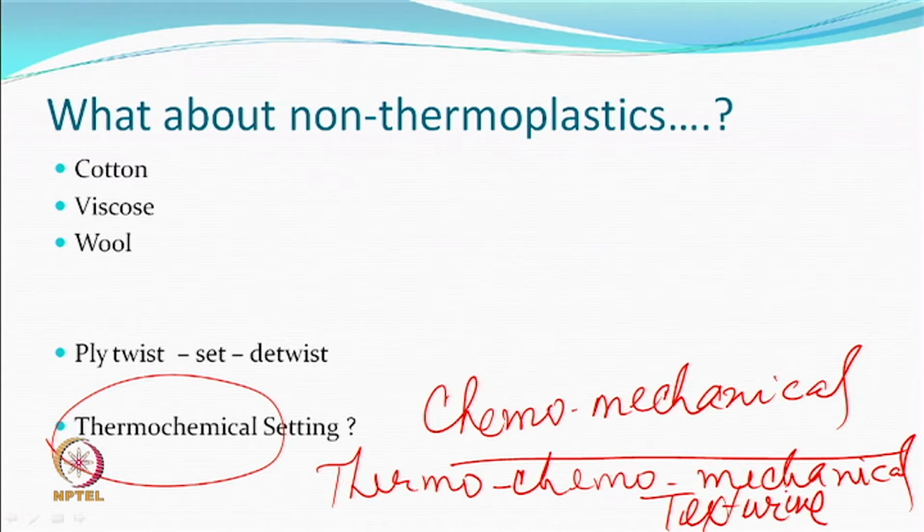So, one important thing is that chemicals now have to come into play. Whenever chemicals come into play, it means that you are not really going to be dealing with a completely dry process. So, whatever are the difficulties with a wet process, those difficulties will have to be seen.